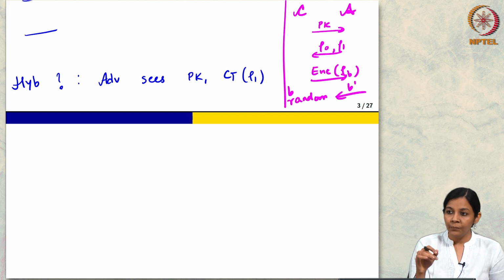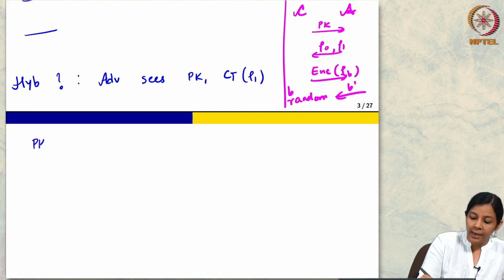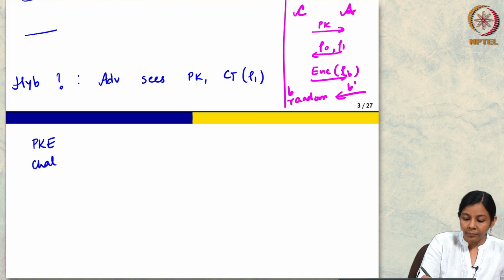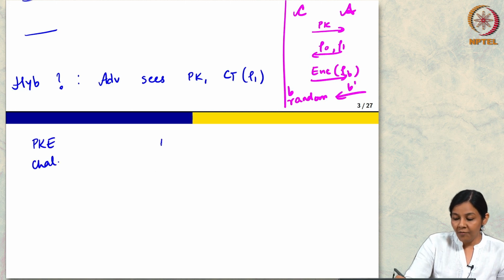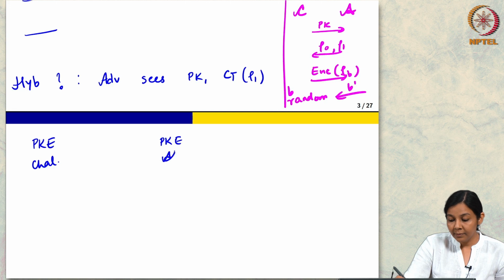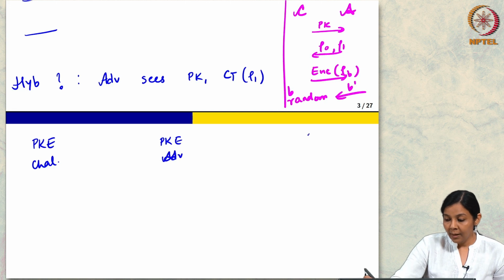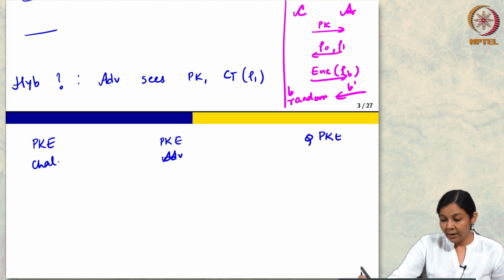This is true, but this actually requires a reduction. So, I need to do a reduction where I have the PKE challenger, okay, I have a PKE adversary, okay, and I have my Q PKE adversary here.